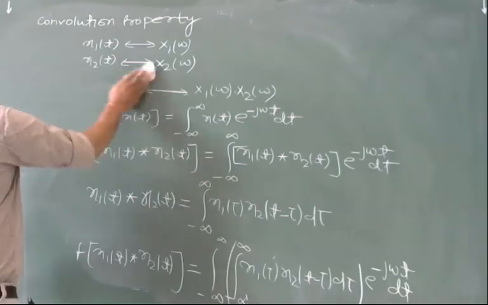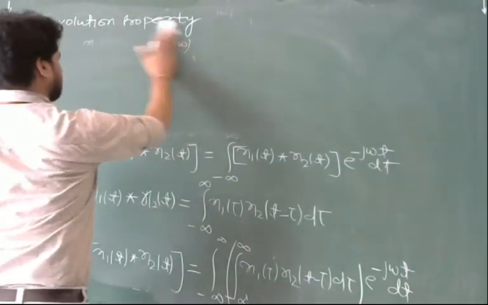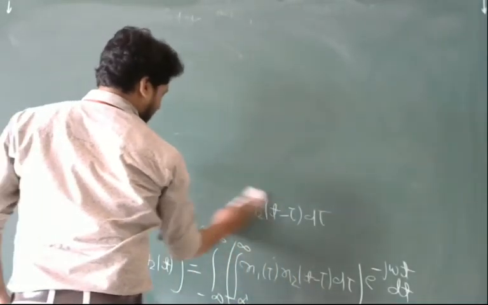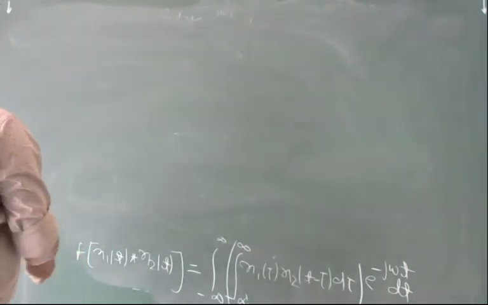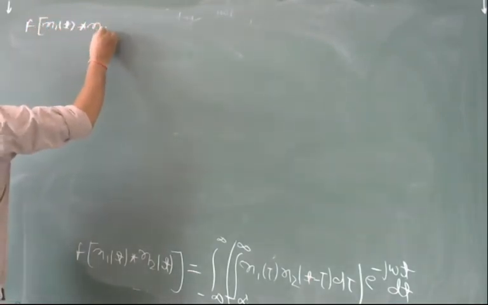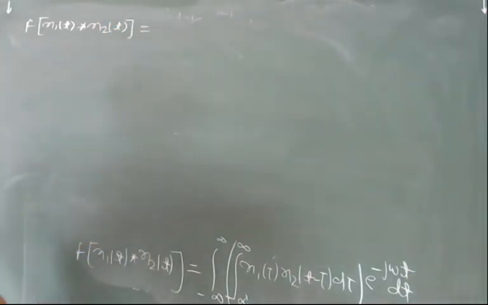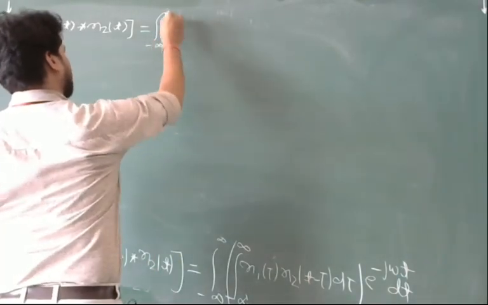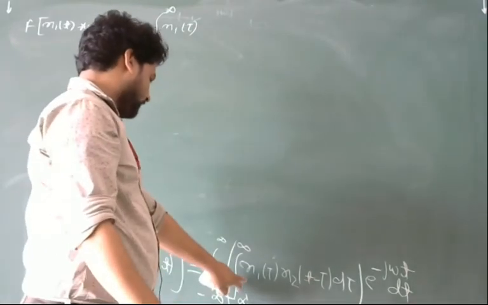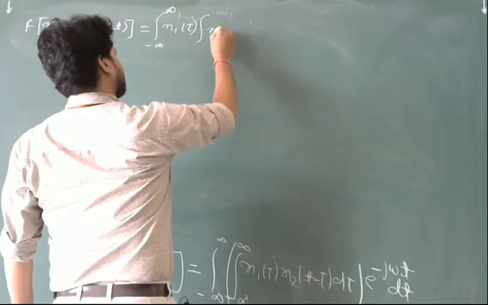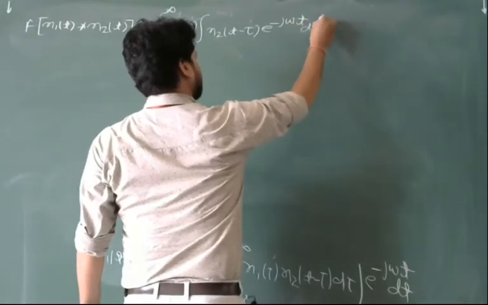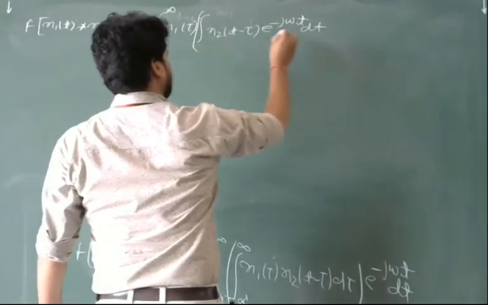Now, on changing the order of integration, which means we will integrate the function first with respect to t, then with respect to tau, the Fourier transform of x1(t) convolution with x2(t) will be equal to the integration from minus infinity to plus infinity of x1(tau) times the integration of x2(t minus tau) e to the power minus j omega t dt, and the outer integration is with respect to tau.